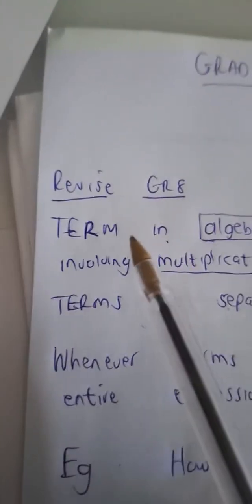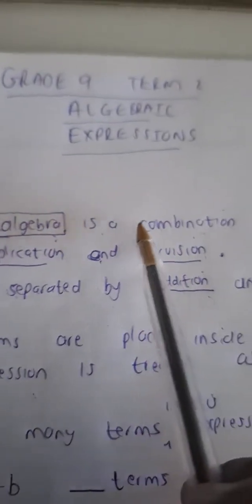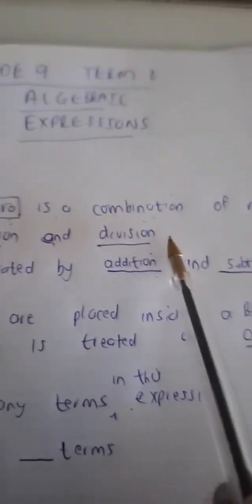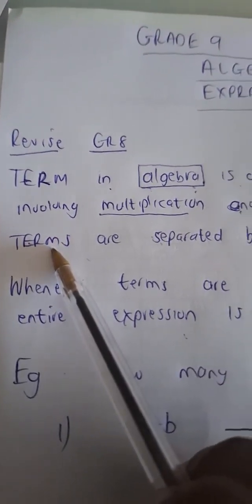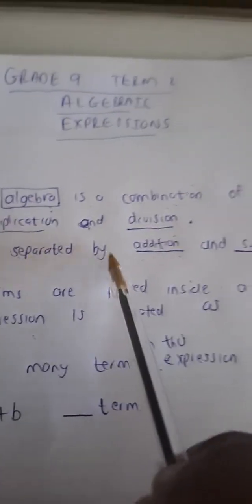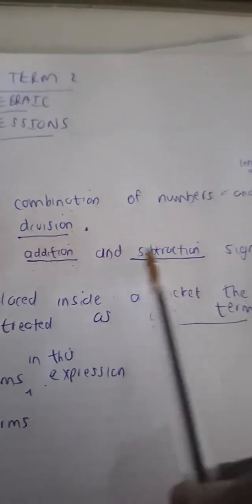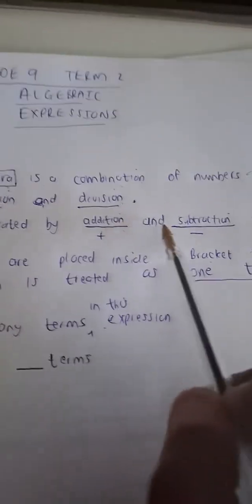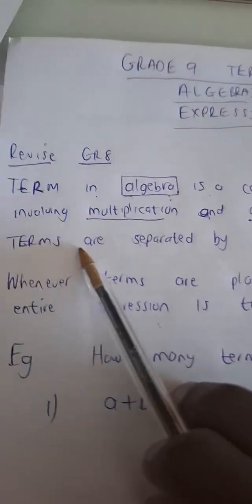That's a term. Terms are separated by an addition and a subtraction sign. So in other words, when there's a plus or a minus in the mix of terms, those terms are separated by the plus and the minus sign.